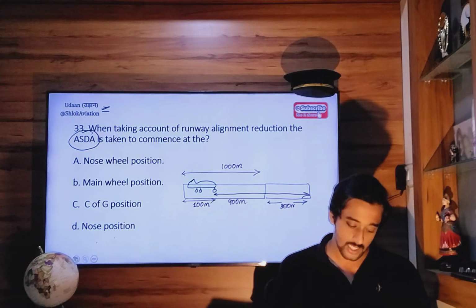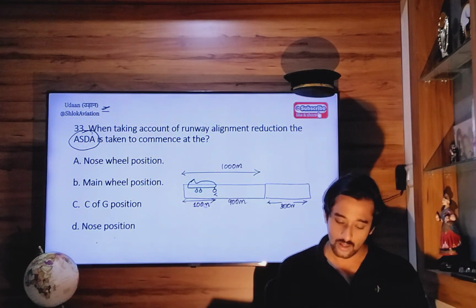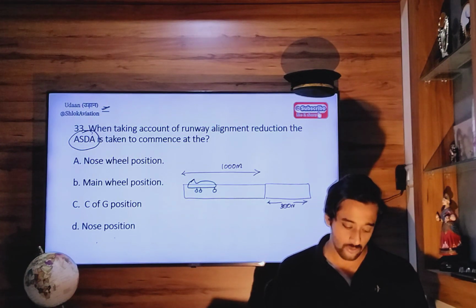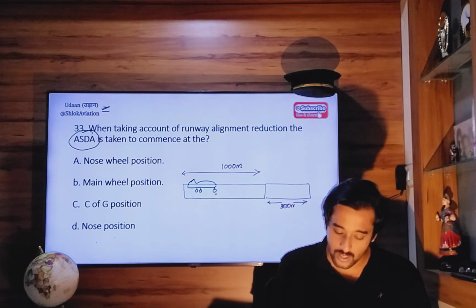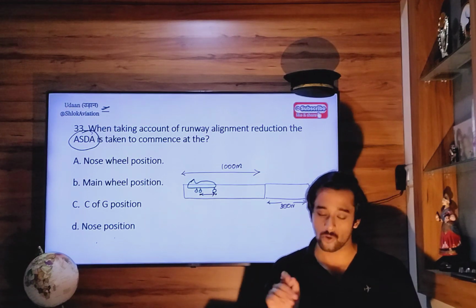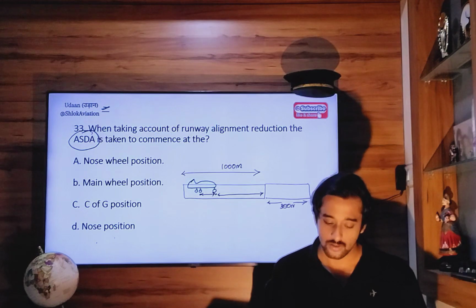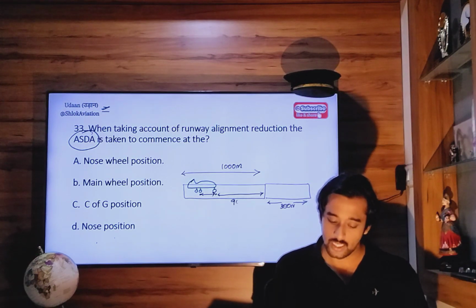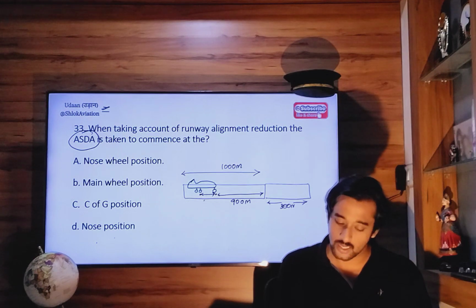For takeoff distance available, we will start our measurement not from the nose wheel, but from the main wheel. So we have some extra margin. So instead of starting from here, we will start from here. So we have this extra distance available for that takeoff roll. So let's say this is 900, and this small part is another 330 meter.